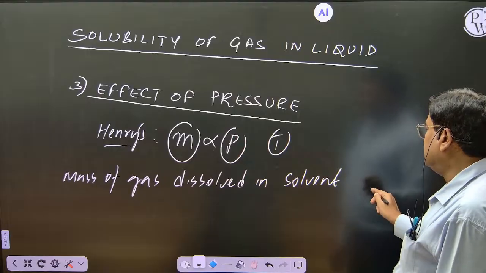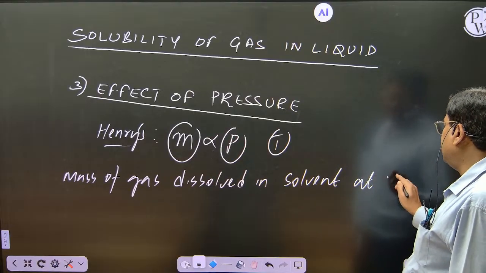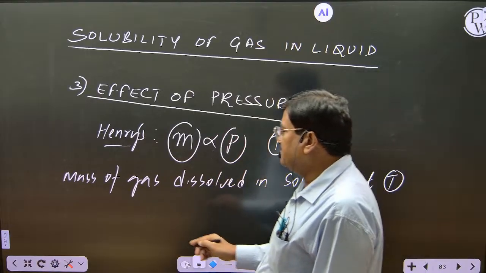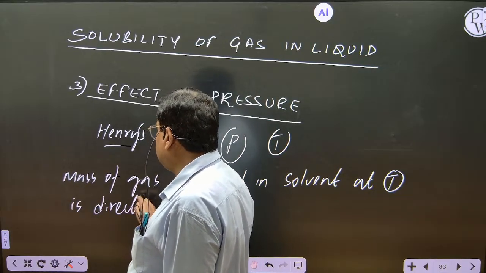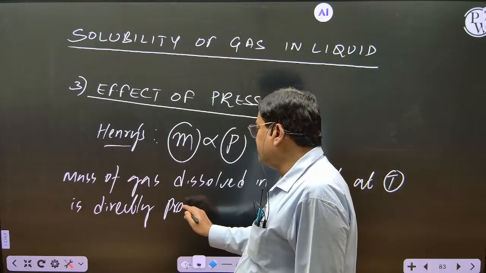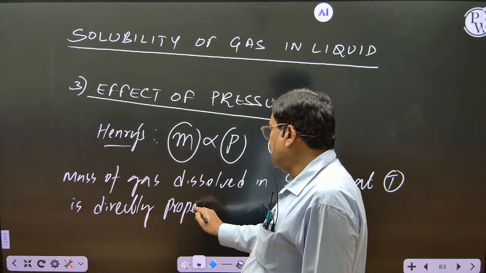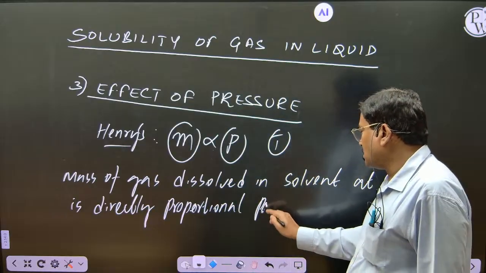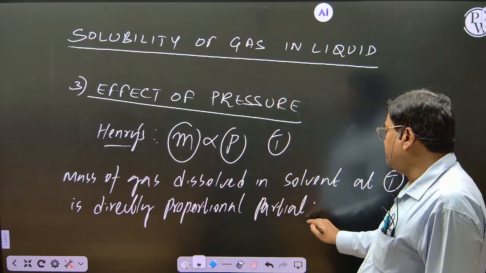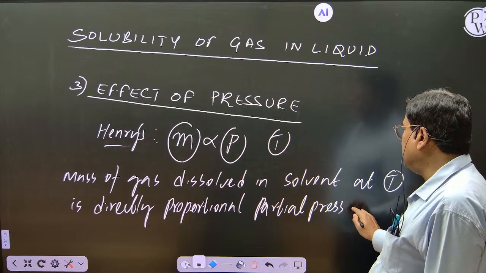Mass of gas dissolved in a solvent at constant temperature is directly proportional to partial pressure of the gas, he said. Who? Henry.